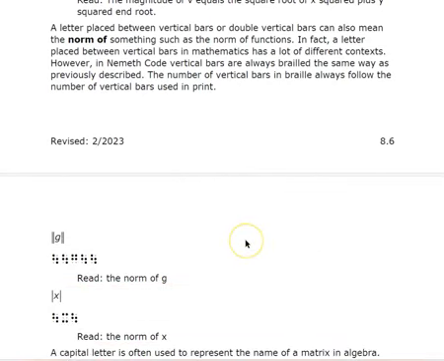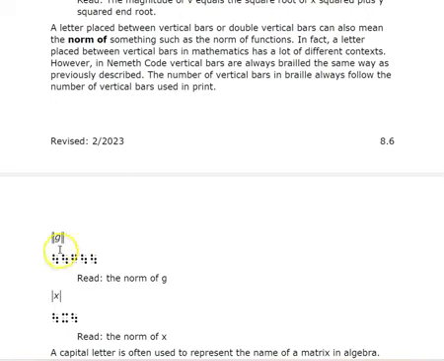Okay, the letter placed between vertical bars or double vertical bars can also mean the norm of something such as the norm of functions. In fact, a letter placed between vertical bars in mathematics has a lot of different contexts. However, in Nemeth code, vertical bars are always brailled the same way as previously described. The number of vertical bars in Braille always follow the number of vertical bars used in print.